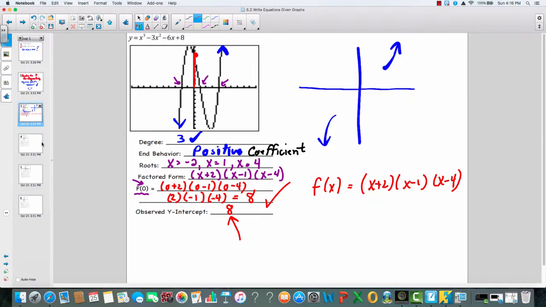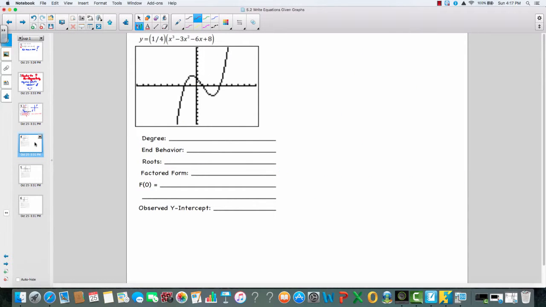Okay, so let's look at the other graph, which had the same exact roots, but it was a little more squishy. So for the next example, what is the degree? Same, 3. What's the end behavior? Same, like this, right? So that would be a positive coefficient.